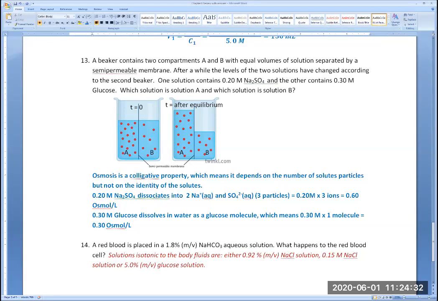So we said A is the more concentrated. We can see from the red dots it has more solute. So solution A is the 0.20 molar Na2SO4, and solution B is the 0.30 molar glucose.